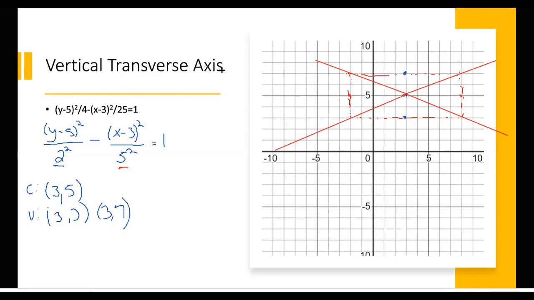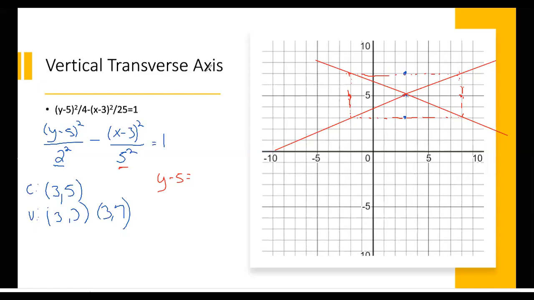Sorry. Okay, and now let's write the equations of those lines. Again, we're going to use the point-slope format of a line. So we go through our center. Our center is 3, 5, so it's y minus 5, and you'll notice that's our numerator for our top. That is equal to our slope.